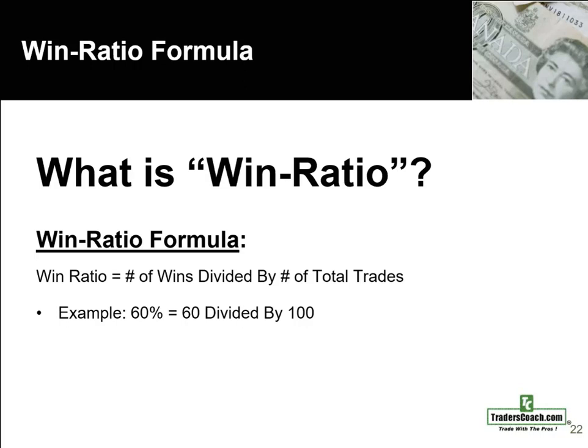So now it's a percentage, 60. How many people think 60% is good or bad? Yeah, okay, it depends. Okay, Toby, that's a good answer. So pretty split. A lot of people think it's pretty good, and some people think it depends, and you're probably right because it's going to depend on your payoff ratio, isn't it? Some people think it's bad.